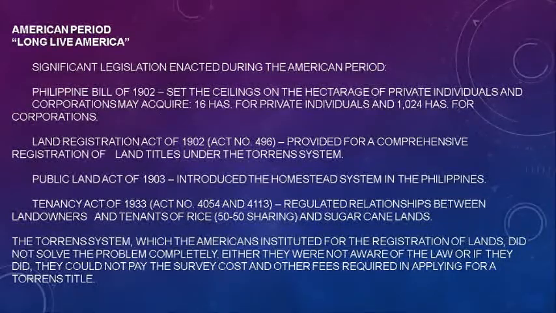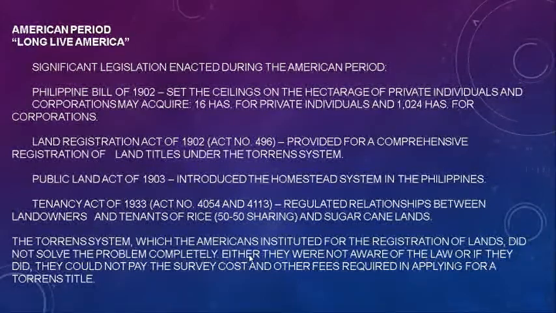Also, there is the Land Registration Act of 1902 that provided a comprehensive registration of land titles under the Torrens system. The Torrens system, which was instituted by the Americans for the registration of land, did not solve the problem completely.